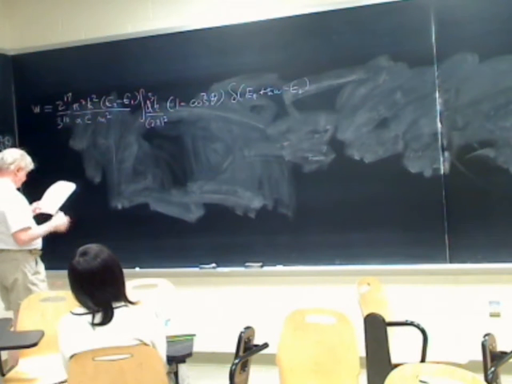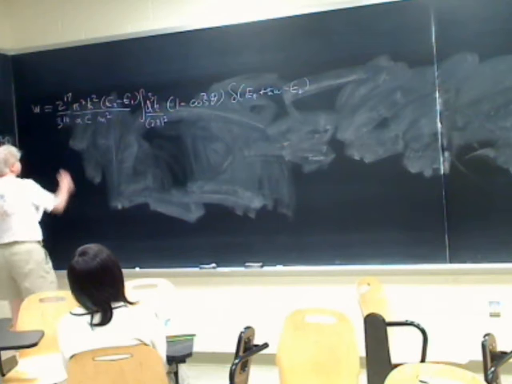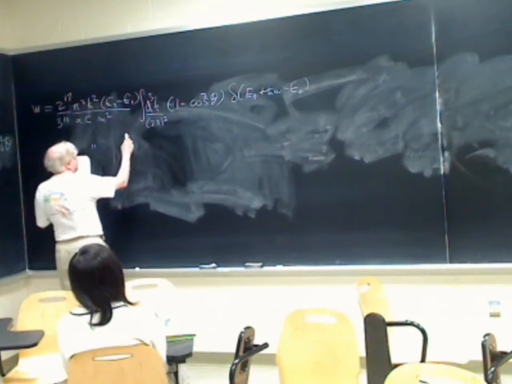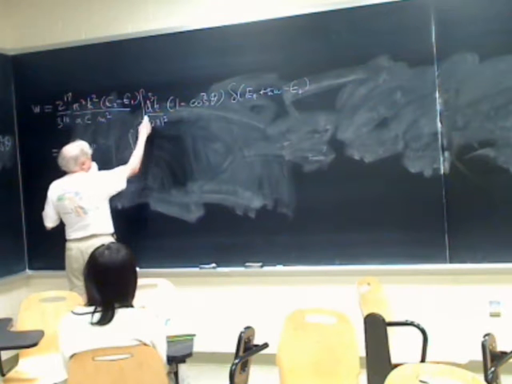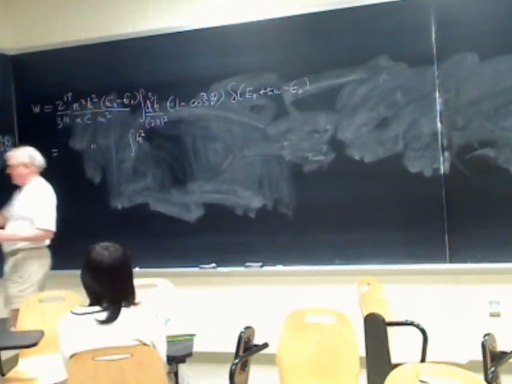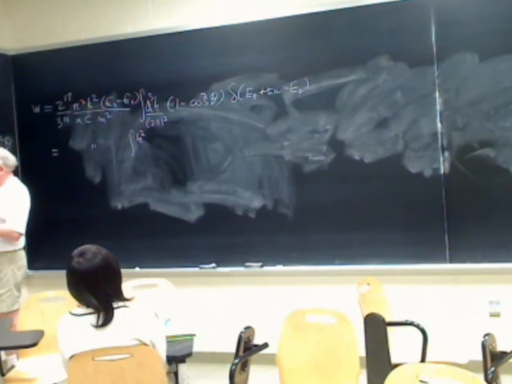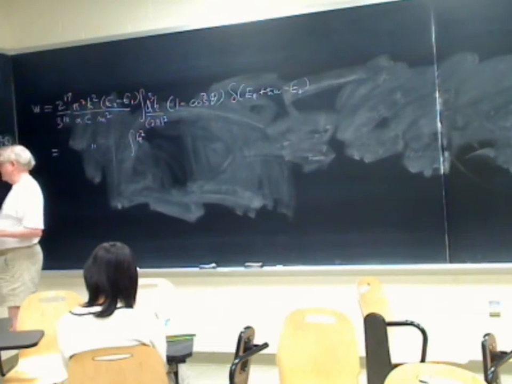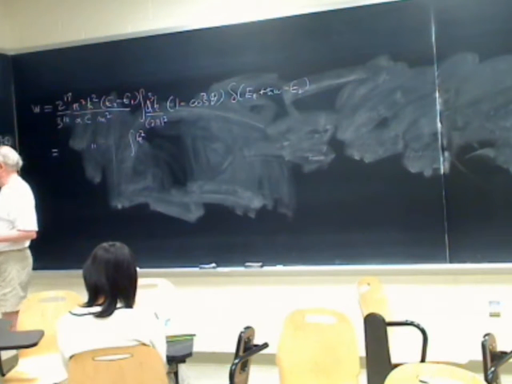So this is the same thing here, and then what I'm going to do is take this dk integration, write it as k squared dk. And remember, if we multiply by c and h bar, this thing is d h bar omega, and so to compensate we have to divide by h bar c.